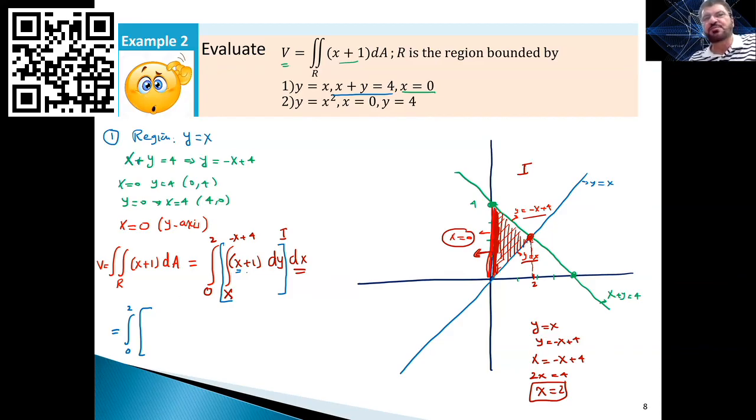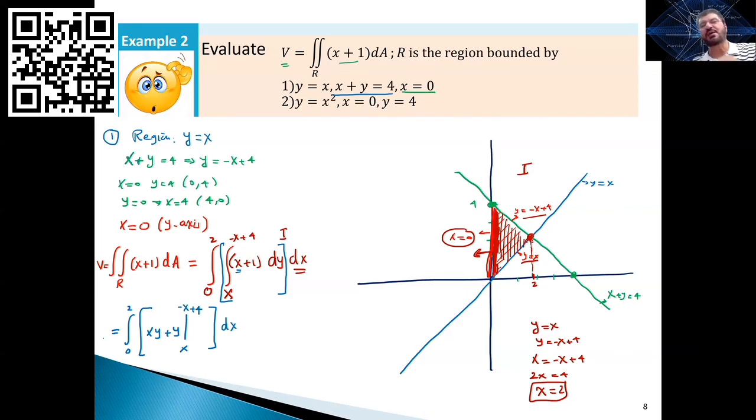The integration of x with respect to y, x is constant, so you only integrate dy. We know that the integration of dy is y. So you have x y, plus, what's the integration of 1 with respect to y? It's y. And this is from x to minus x plus 4. We close this one and we say dx.